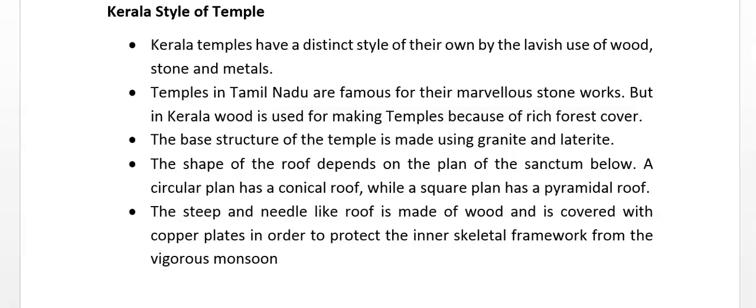The roof of the temple depends upon the plan below. That is, a circular plan will have a conical roof and a square plan will have a pyramid-like roof. There is also a use of copper plates, if a steep and needle-like roof is present, to protect the temple from heavy rain.